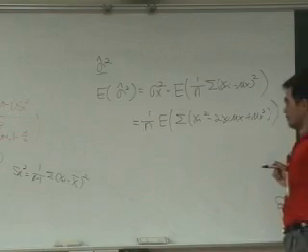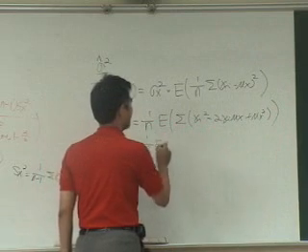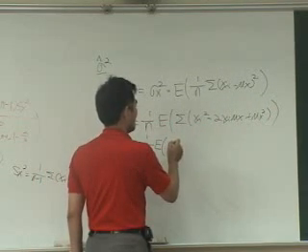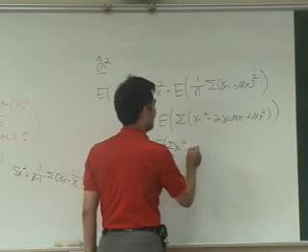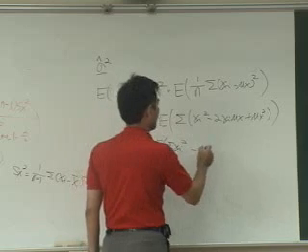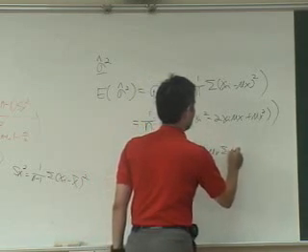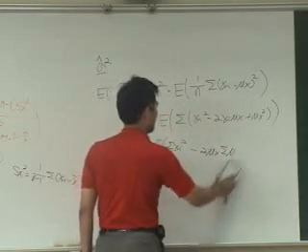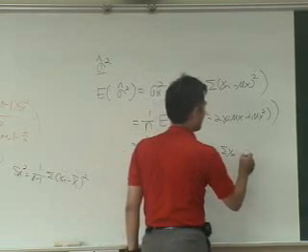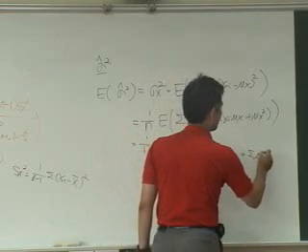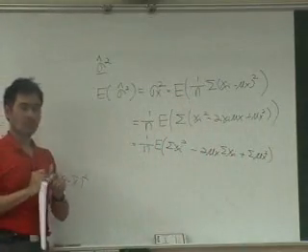Basically what you get is 1 over n expectation of summation xi squared minus 2 mu x summation xi, and then plus summation mu x squared. Any questions so far?